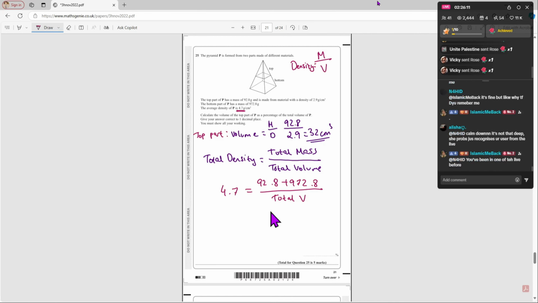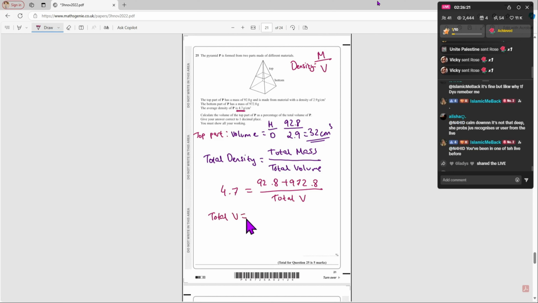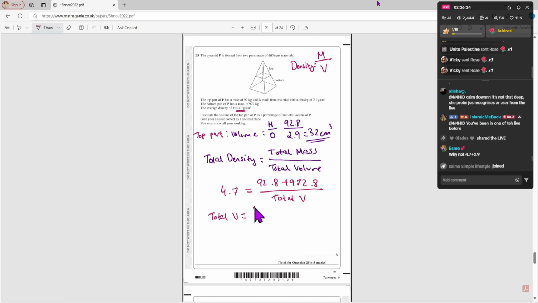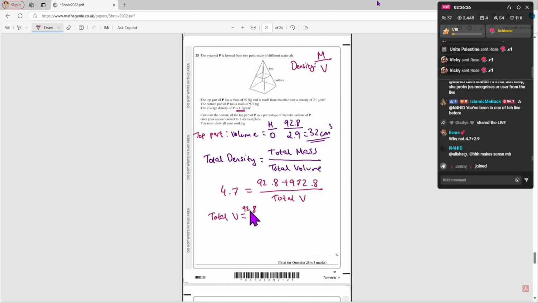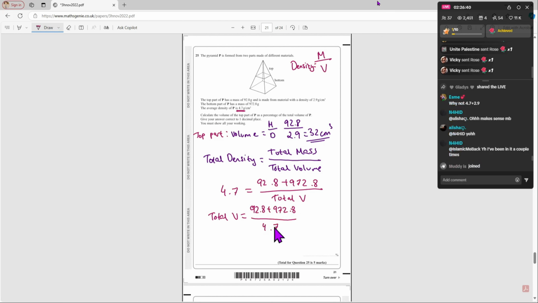Now we're going to rearrange this quickly to get our total volume. I'm going to swap this around. The total volume is going to be equal to 92.8 plus 972.8 over 4.7, and then the total volume is going to be 226.72 centimeter cubed.